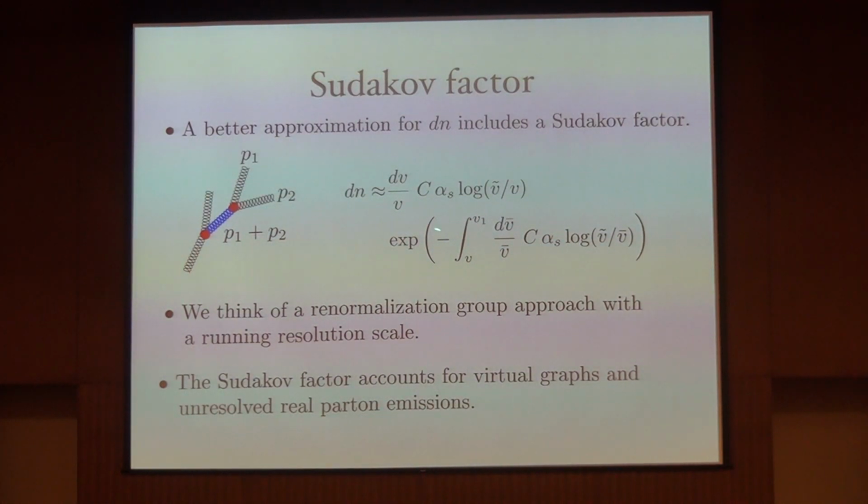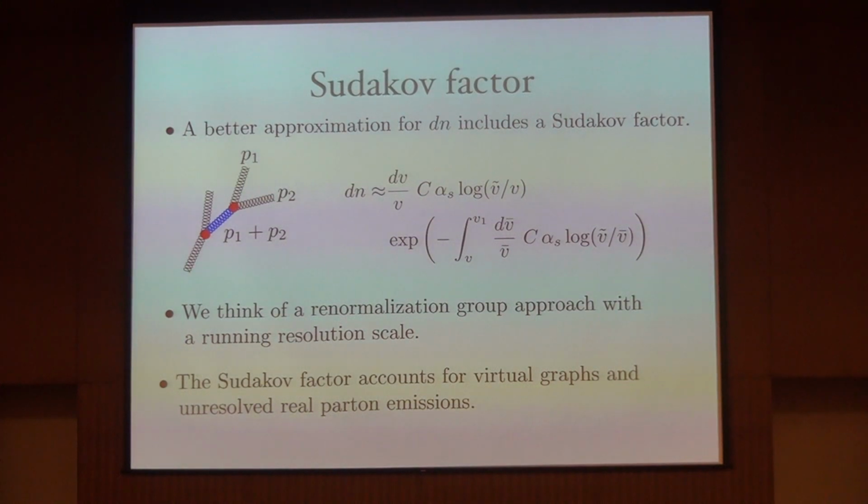What is it? Exponential of minus the integral dv over v c alpha s log of v tilde over v. It's the same as the splitting function. It's the exponential of minus the integral of the splitting function with limits from v1, so v1 was the virtuality of the mother parton here, down to the v you're observing, that's this v.